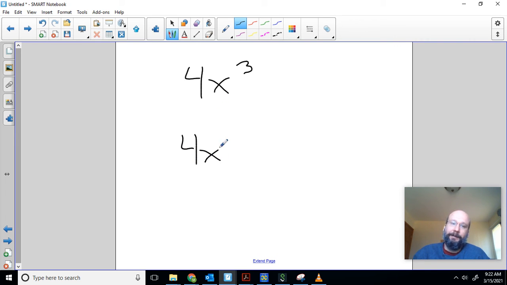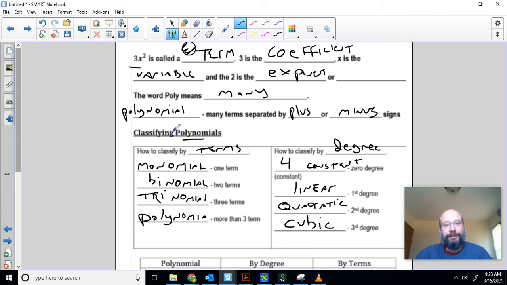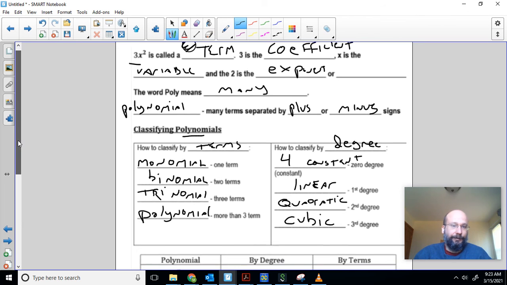The same rules apply. I could do 4x to the third plus 2x minus 6. This is a trinomial, but it's still cubic. So this is just vocabulary, these right here. You're just going to need to know these. There are a couple of questions on the quiz and the test for this unit.